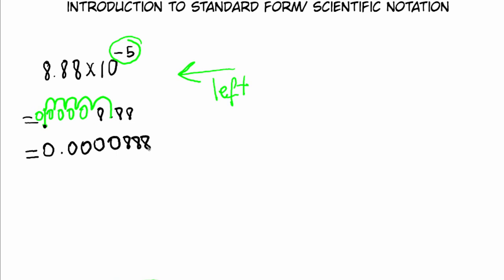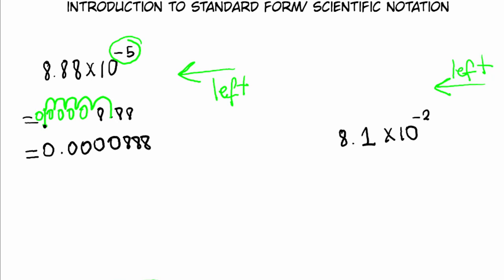Let's look at another one. 8.1 times 10 to the -2. The N value here is 2, which is negative. Therefore, we're going to be moving our decimal point 2 places to the left.